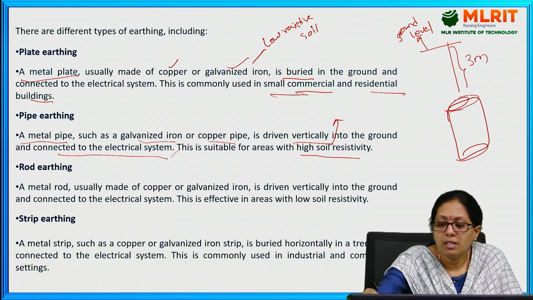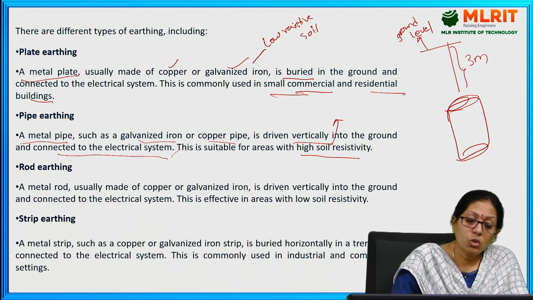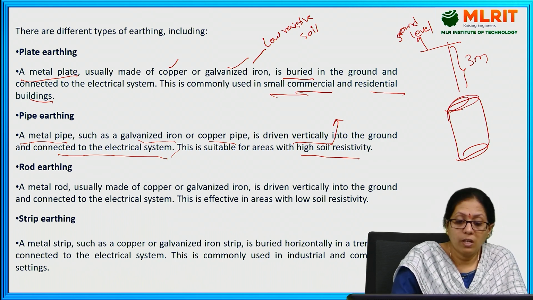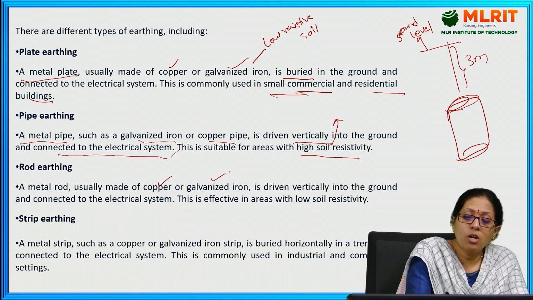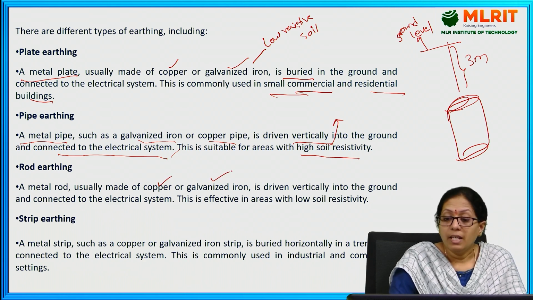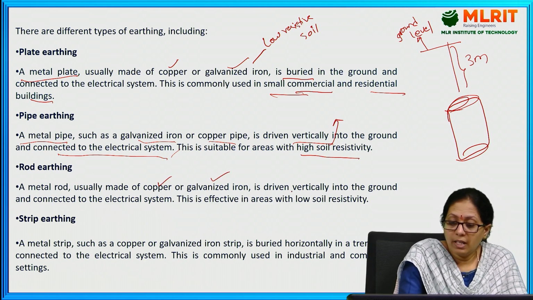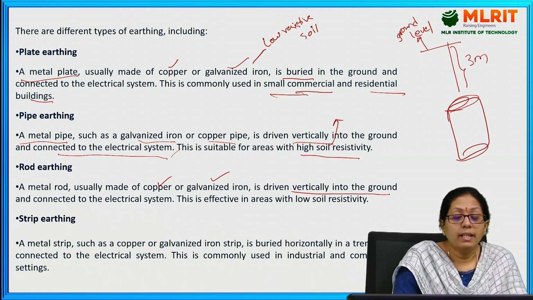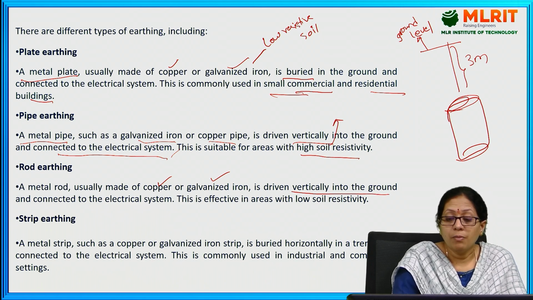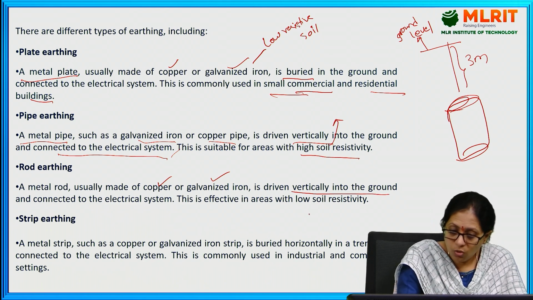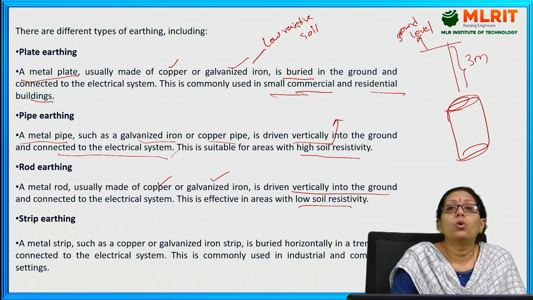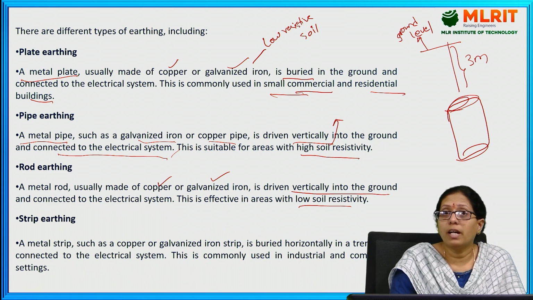The metal rod, usually made up of copper or galvanized iron, is placed vertically into the ground and connected to the electrical system, and this is also used for low soil resistivity. So for low soil resistivity, we can use plate earthing as well as rod earthing both, and for high resistance, we will be using pipe earthing.